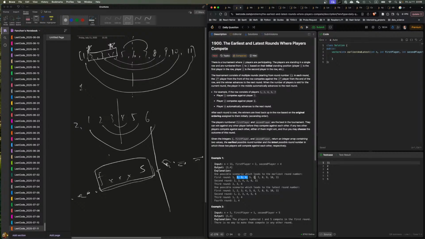So we want to create 3 on the other side, because I know 6 will definitely be here. So essentially we just need 2 more.